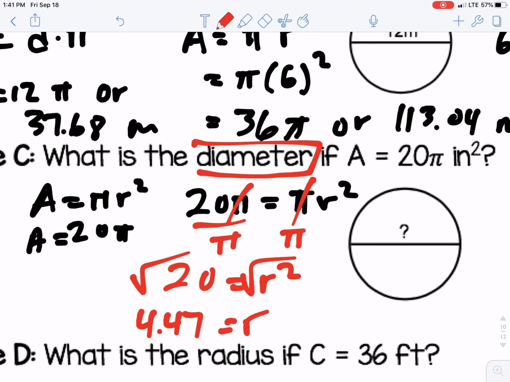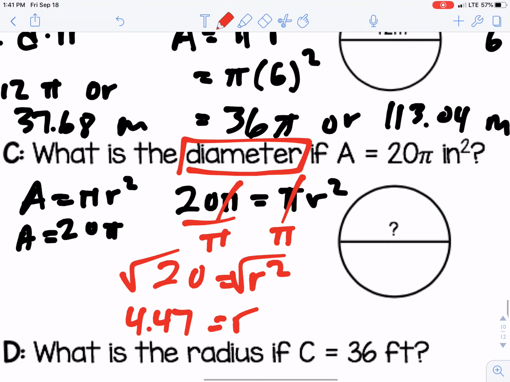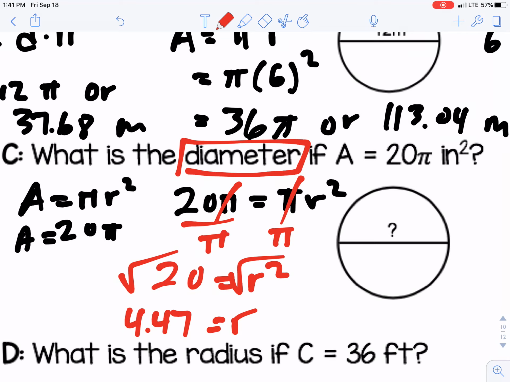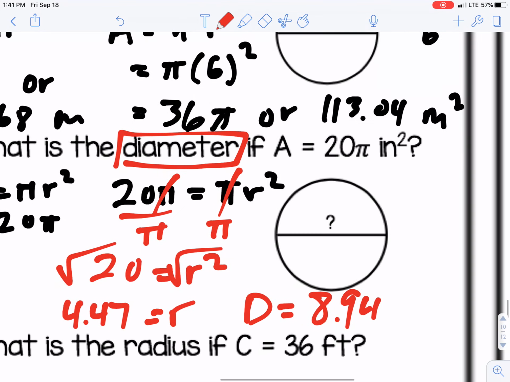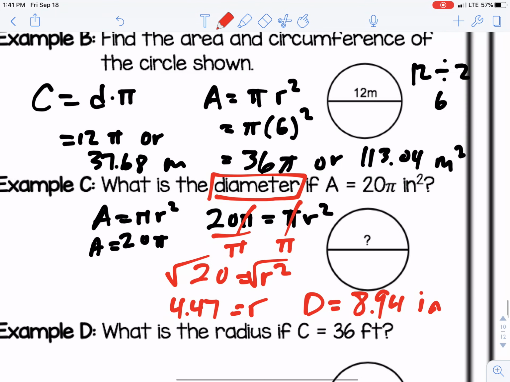Question asks us to find the diameter, so we take that number, 4.47, multiply it by 2, and we get the diameter is equal to 8.94 inches. Okay, so again, we used the area formula, set up what they gave us for area equal to the area formula, solved for r. Since it asked for diameter, we took our radius and multiplied it by 2.